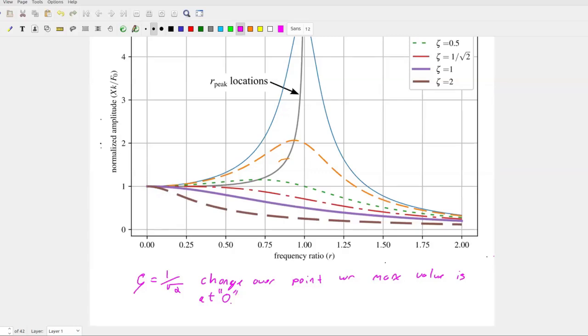Sorry for that mistake. So when you have zeta equals 1 over the square root of 2, at this point, your maximum value here is at 0. So when you're at zeta over 1, your maximum value is at 0, but it's not the changeover point.